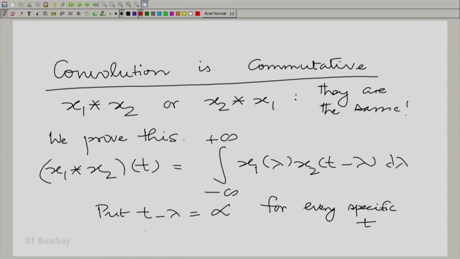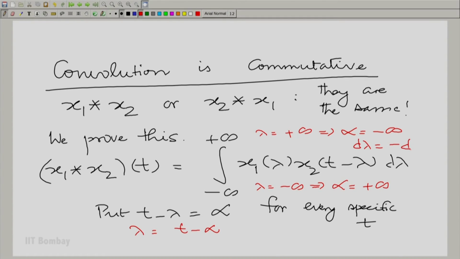Of course, lambda is t minus alpha, and lambda equal to minus infinity gives alpha equal to plus infinity. Lambda equal to plus infinity gives alpha equal to minus infinity. Moreover, d lambda is minus d alpha.